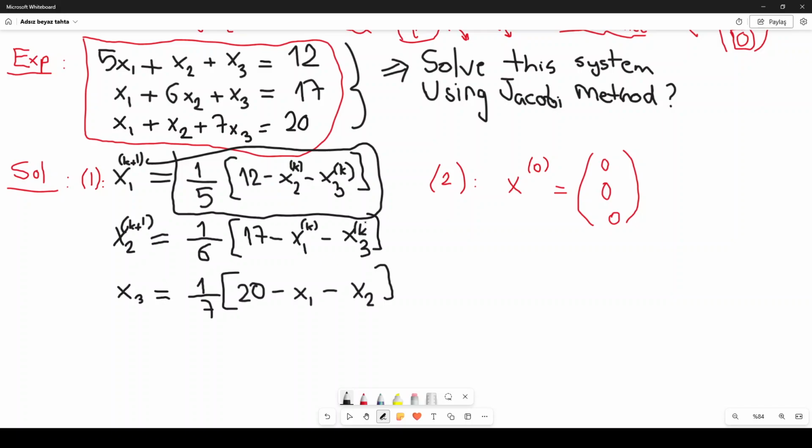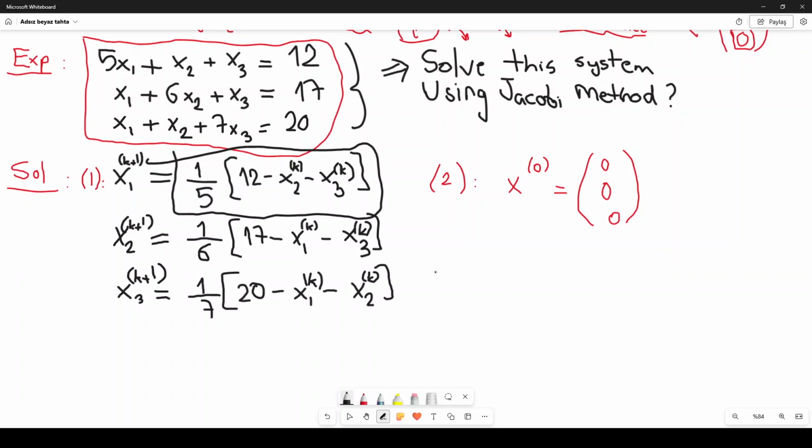The same thing holds for the third unknown variable as well, right? The power I put here above the unknown variables is nothing but the number of iteration, right? So in this way I know which iteration it is, say k.